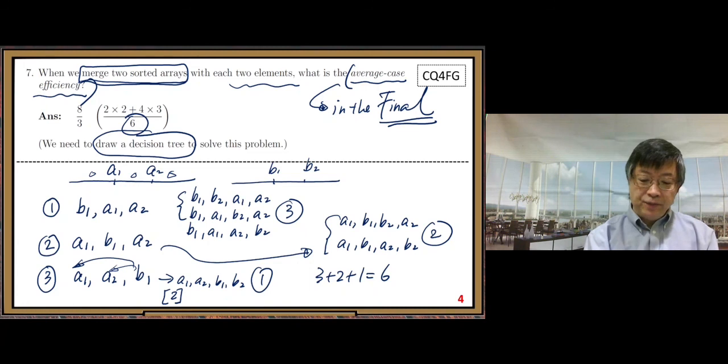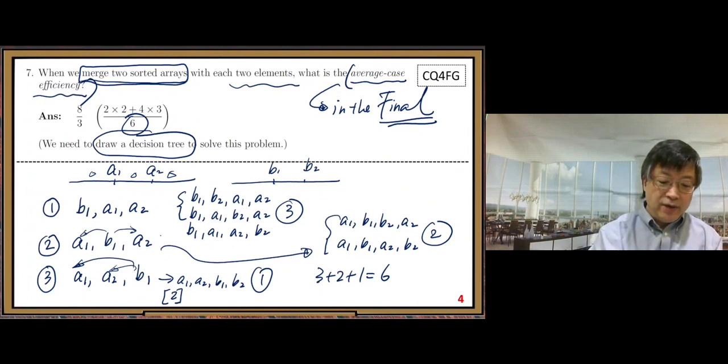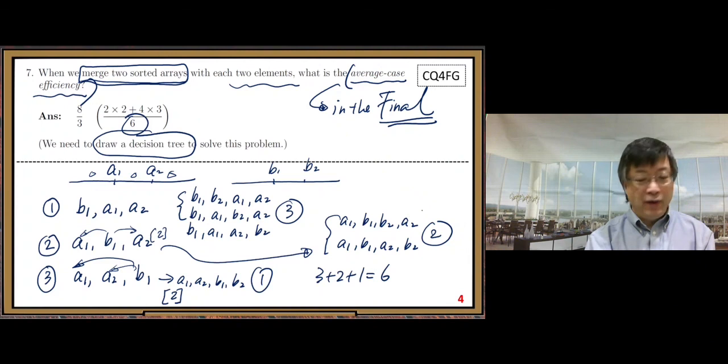Then for this case, B1 greater than A1, but B1 less than A2, 2 comparisons already. Then B2 compared with A1, B2 less than, so 3, right? So you have 2 here, 2 here, plus B2, another one, so 3 comparisons here. Also 3 here.